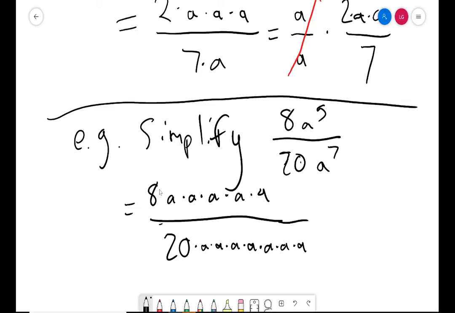So what you can see when you write this out, I think, is that there are 5 a's that match top and bottom multiplied together, and they can be factored out. Now, additionally, 8 and 20 have a common factor, so they have 4 in common. And 5 a's in common.